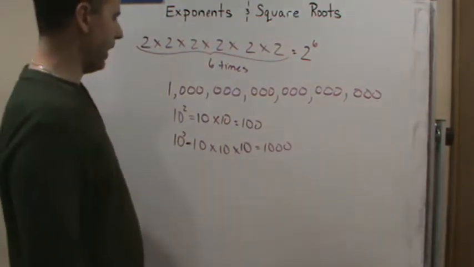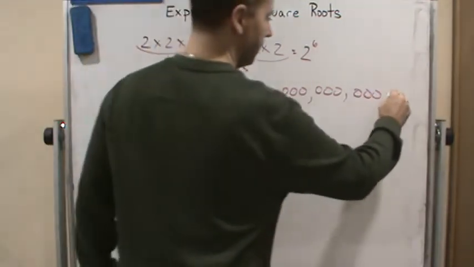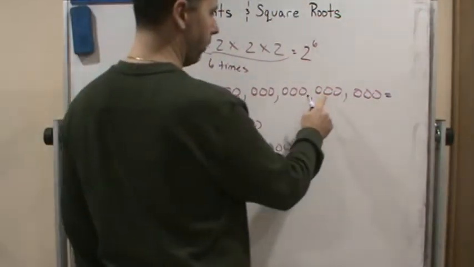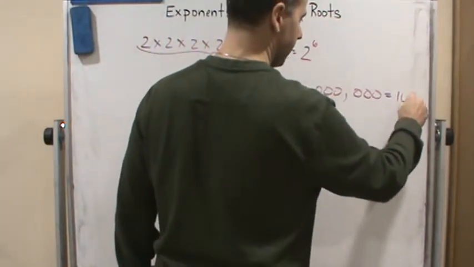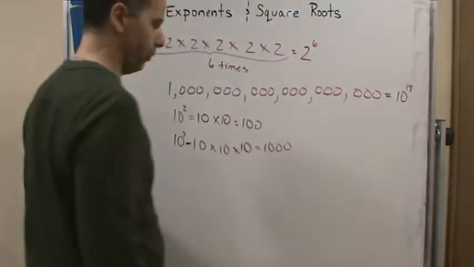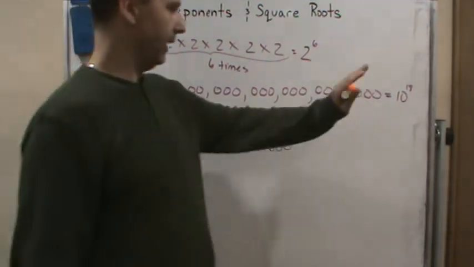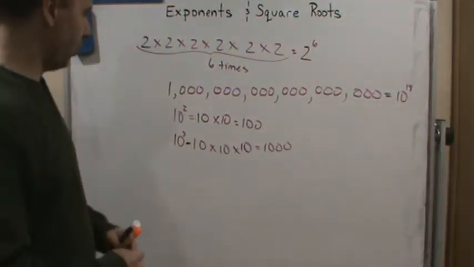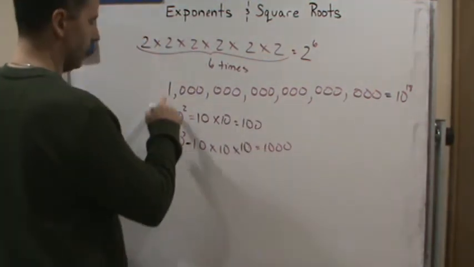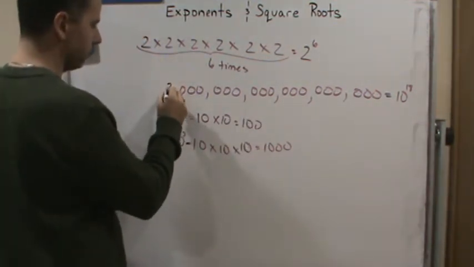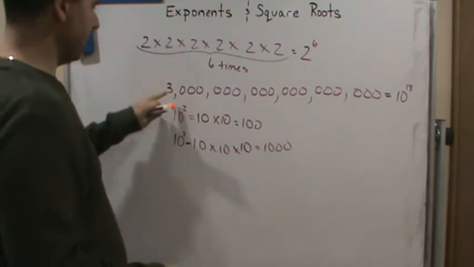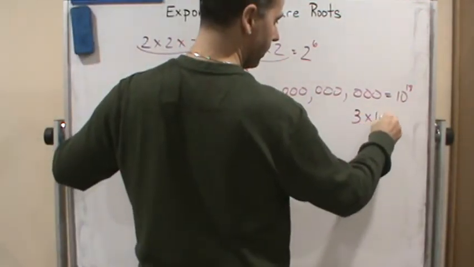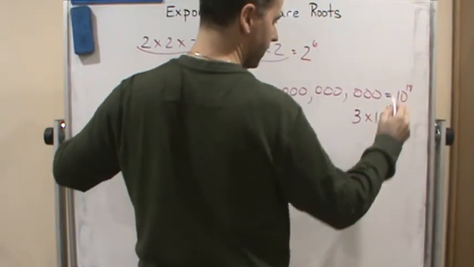So that gives us a way that I can represent this very large number as what? 3, 6, 9, 12, 15, 18, 10 to the 18th power, which means I'm going to multiply 10 by itself 18 times. So if I have, let's say 3, then I can represent this number as what? 3 times 10 to the 18th power.